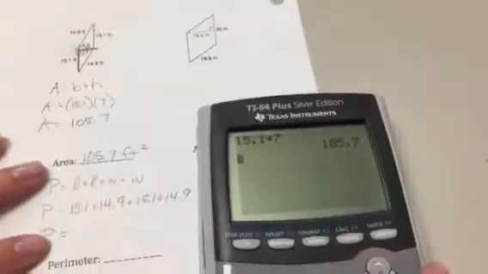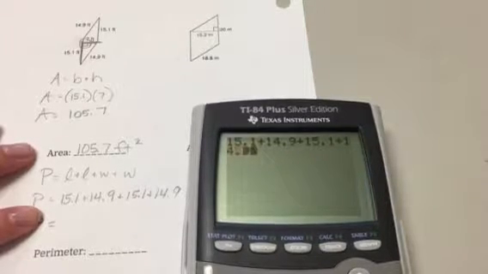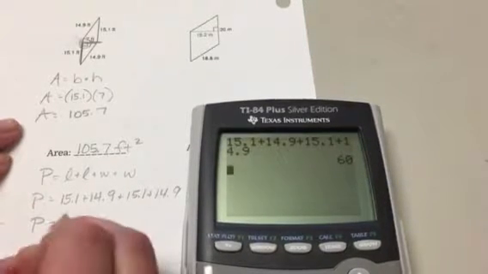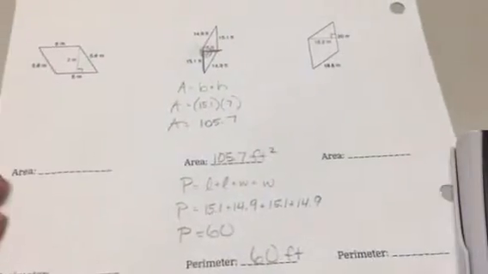I'm going to enter those into my calculator. 15.1 plus 14.9 plus 15.1 is going to give me 60. They do give us a label, so I'm going to make sure I put feet for my label. And that's how you're going to do all of these.